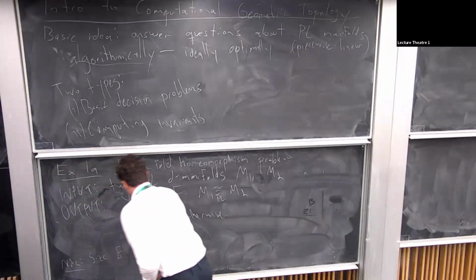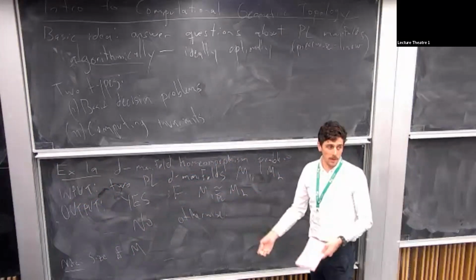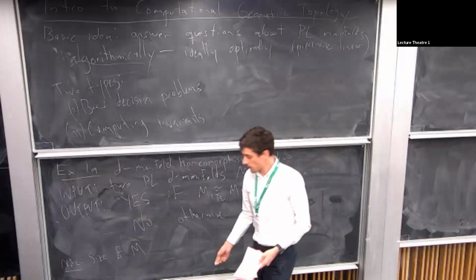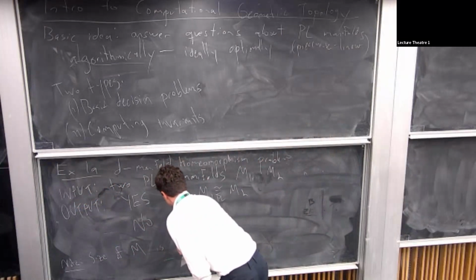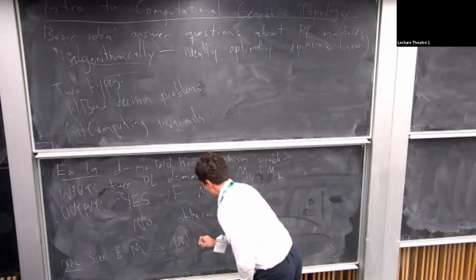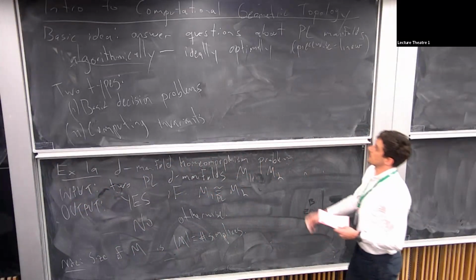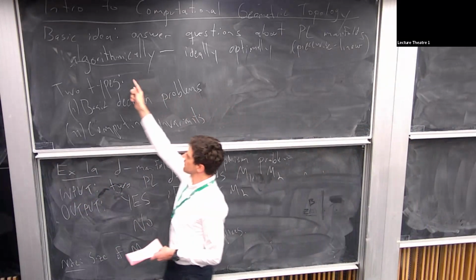So, the size of M. What is M? It's given to our computer as a simplicial complex. So the size should be the number of simplices in the complex. I'll just denote that lazily by the absolute value of this manifold. Well, really, it's the number of simplices. Right, because you can first ask, does there exist any algorithm to solve the problem?